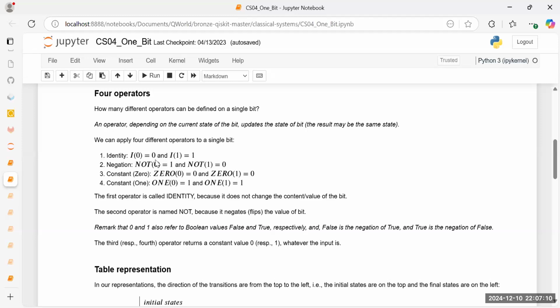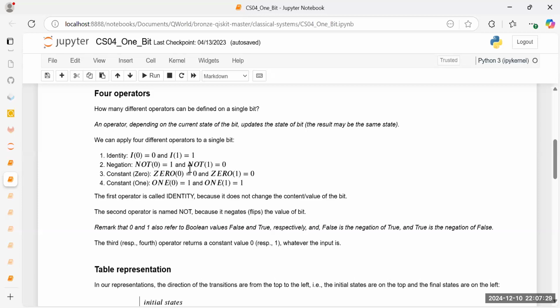Negation, or the not operator, flips the value that we provide as the input. So if we provide 0 as our input, we'll flip it to the value of 1. And if we provide 1 as our input, we'll flip it to the value of 0.